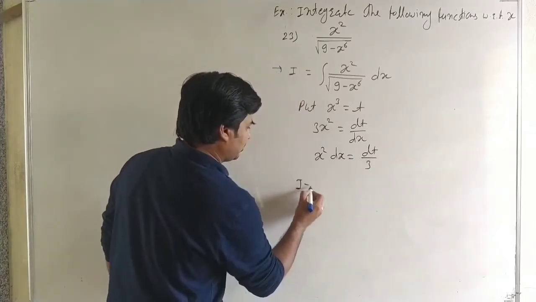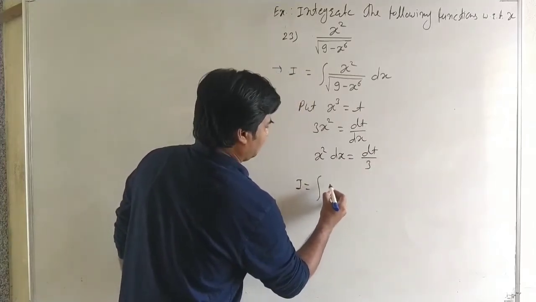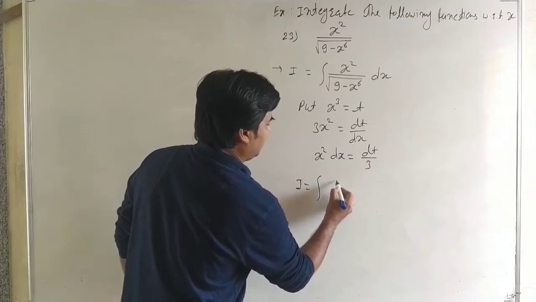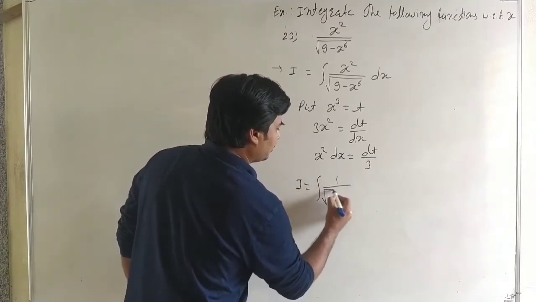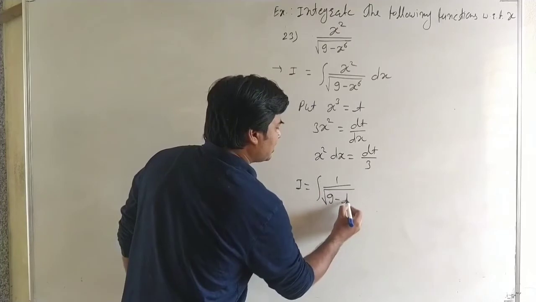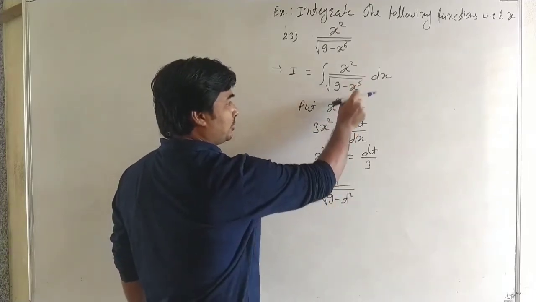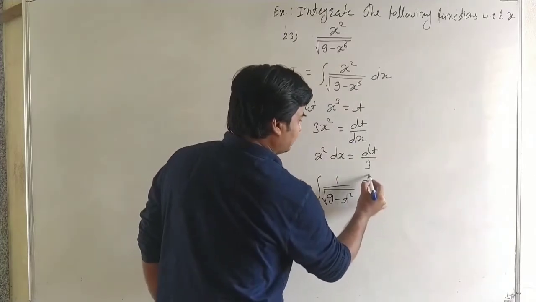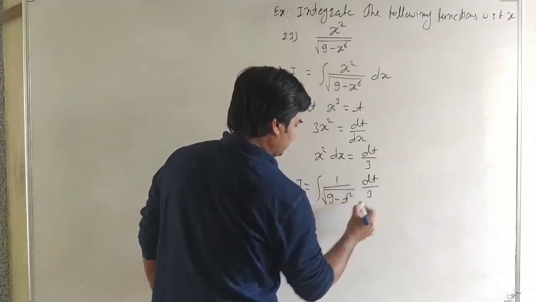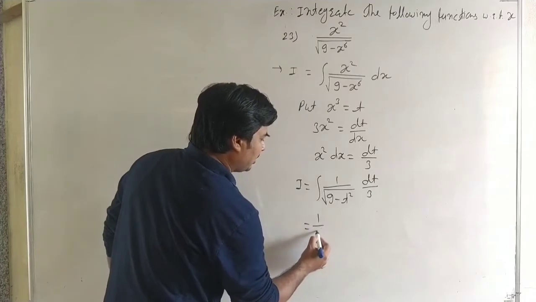Now the integral is 1 by under root 9 minus t square, because x cube is equal to t, therefore x to the power 6 is equal to t square, and dt by 3, so it is 1 by 3.